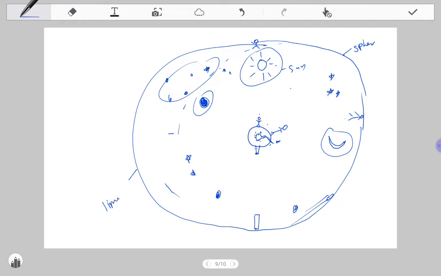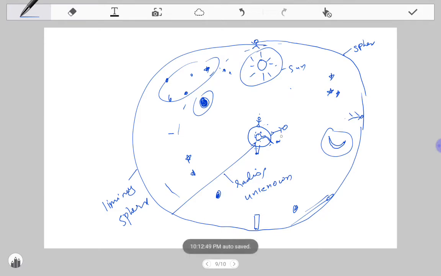The radius of this sphere is also unknown, because the entire outer space universe you cannot measure. So this sphere's radius is also unknown, so it is an infinite sphere with radius unknown.